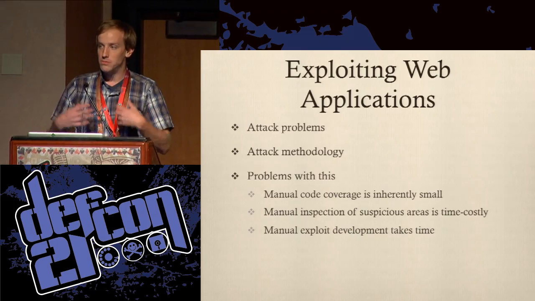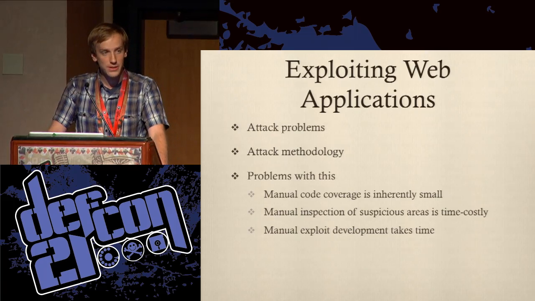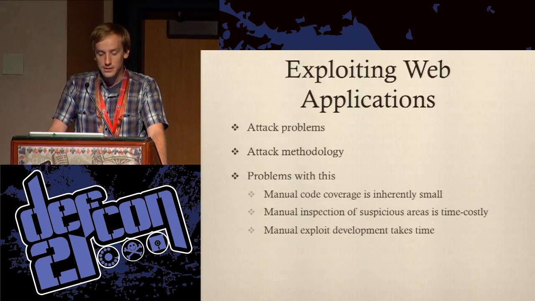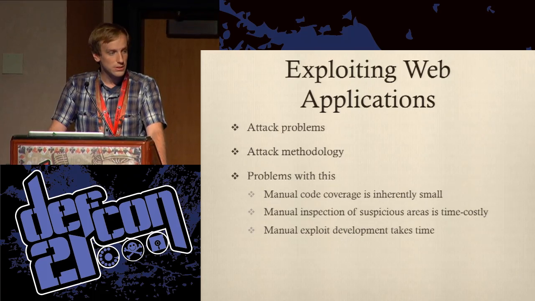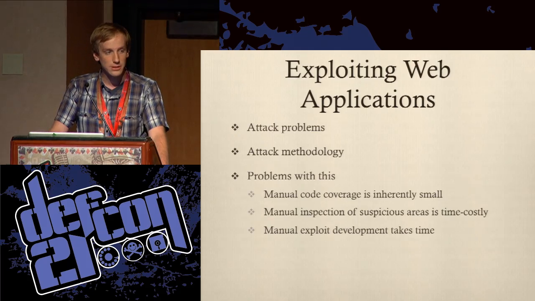I want to have myself view less code and make sure that the code that I'm viewing is actually potentially vulnerable instead of just what have you. And also the inspection of suspicious areas that are discovered by, say, web scanners or manually testing is also time costly as well.